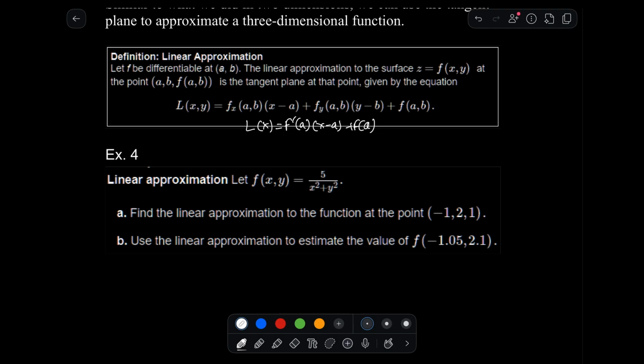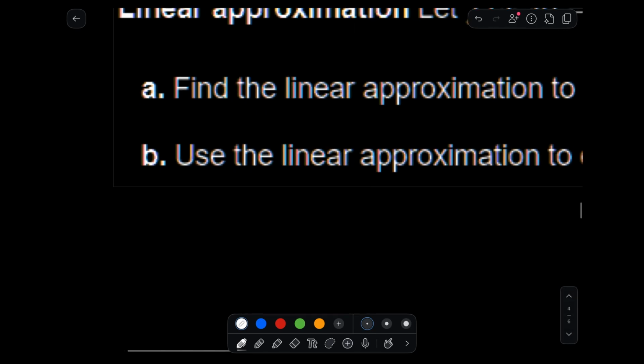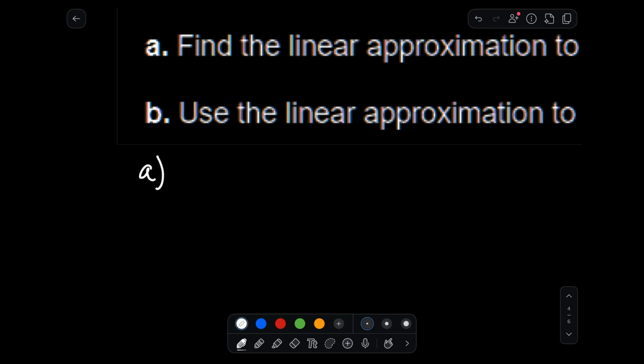At this point, I feel like taking the derivative of a multivariable function, taking the partial derivatives, is a pretty comfortable skill that you guys should have, to solve for this, right? Let's get right into it. All right, so part A, we have to take the partial of this.